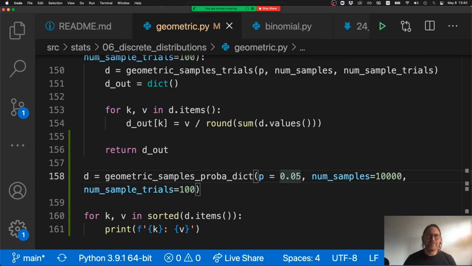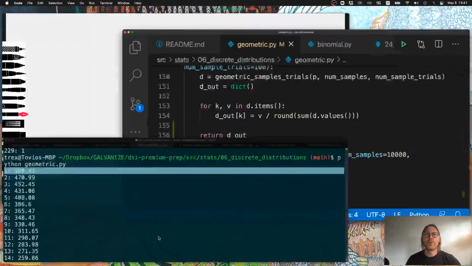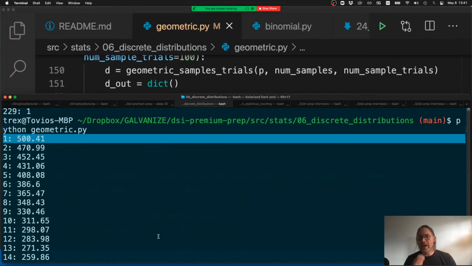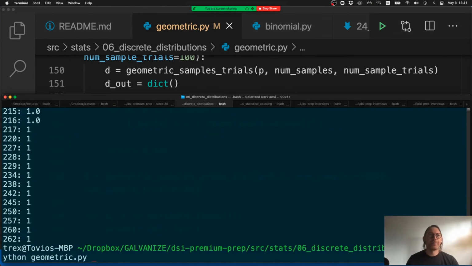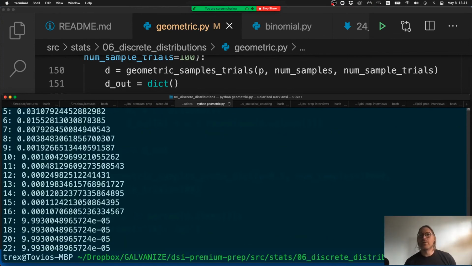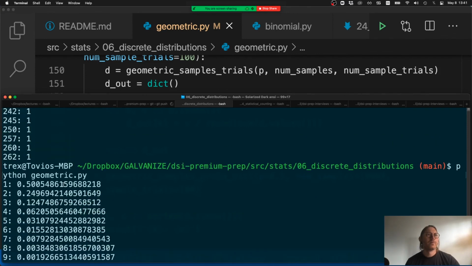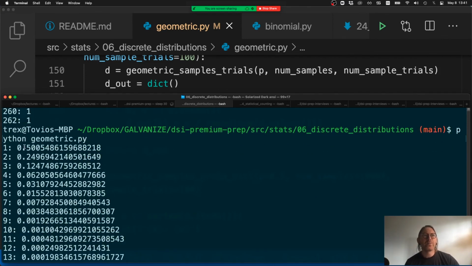And I'm gonna change this probability to 0.5 just to see how well we're doing, because we know what we should get with a PMF dictionary. So that'll take a little bit to run. And notice we're not getting perfect values, but we're getting pretty close.